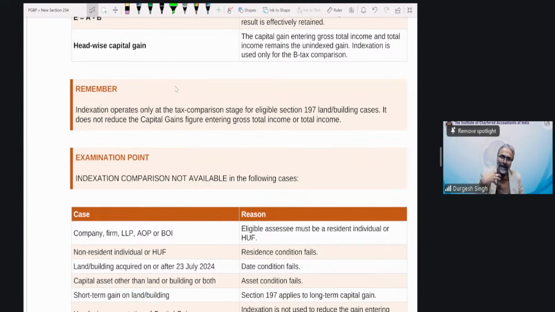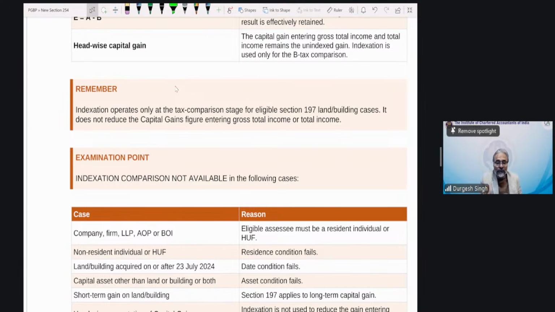Say I purchased a land in 2010. I'm selling the land now, 2026-27. Now, obviously, that option is available to me, and the indexed figure results in a lower tax liability. The indexed cost results in lower capital gains, and because of that lower capital gains, there is a lower tax liability even at 20%.